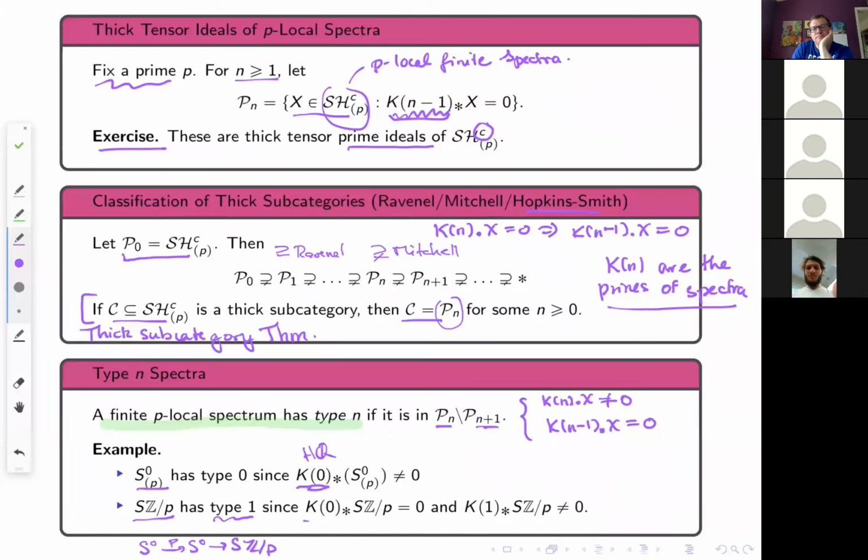The rationalization is 0. But K1 star of S mod P is not 0, and you can just use this distinguished triangle. Distinguished triangles give long exact sequences on homology, so you can use this to see that K1 star of S mod P is not 0. So these are prototypical examples of a type 0 and a type 1 spectrum.